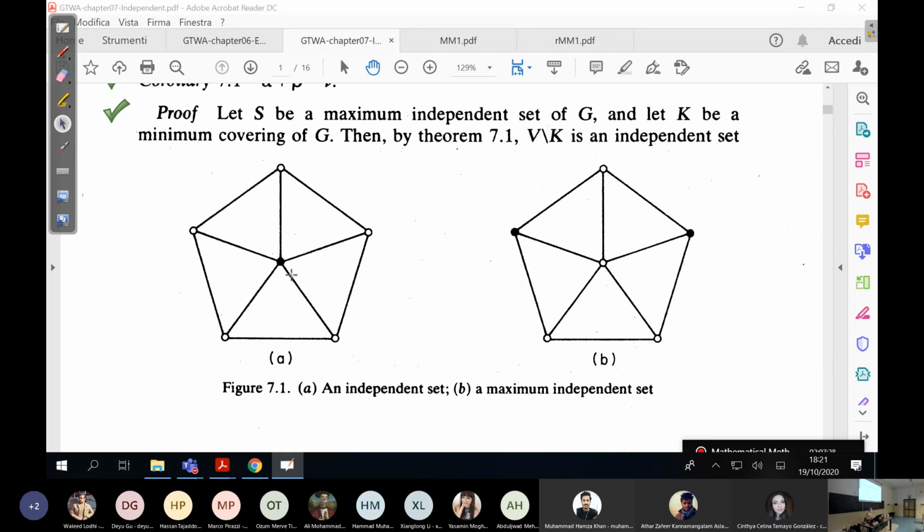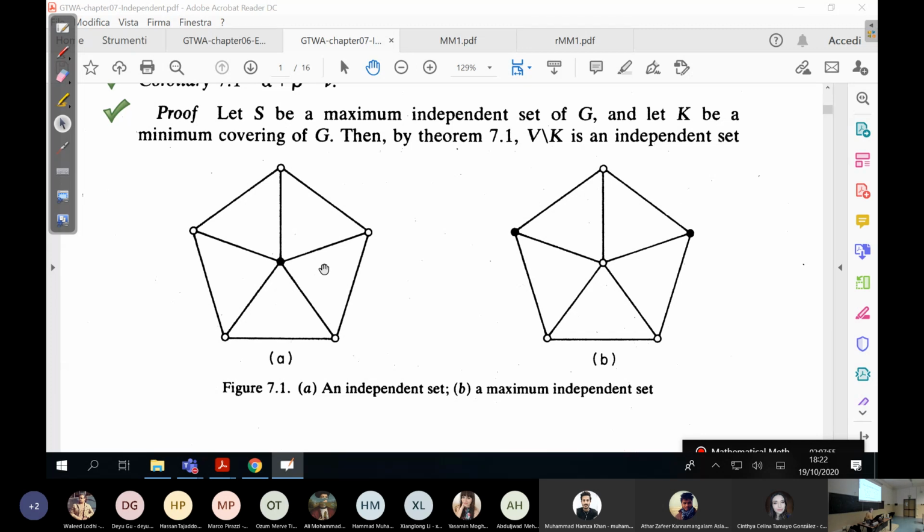On Wednesday night, I wake you up at 3 o'clock and I tell you, here is a graph, give me an independent set. Then you can say, this vertex, and then go to sleep again. And it's all right, because a vertex by itself satisfies the requirement for a set to be independent.